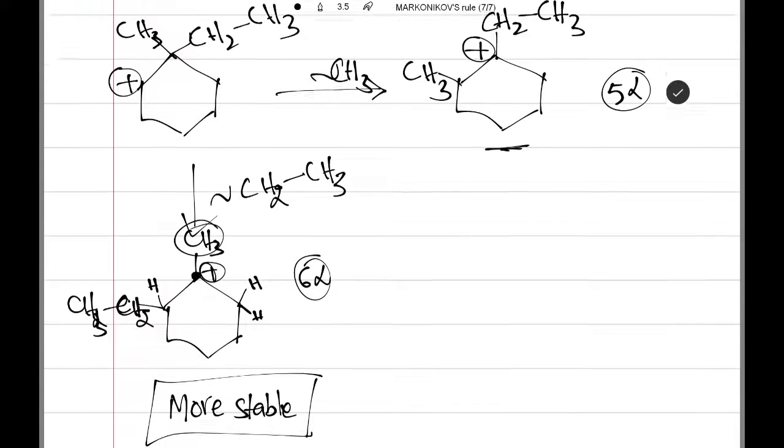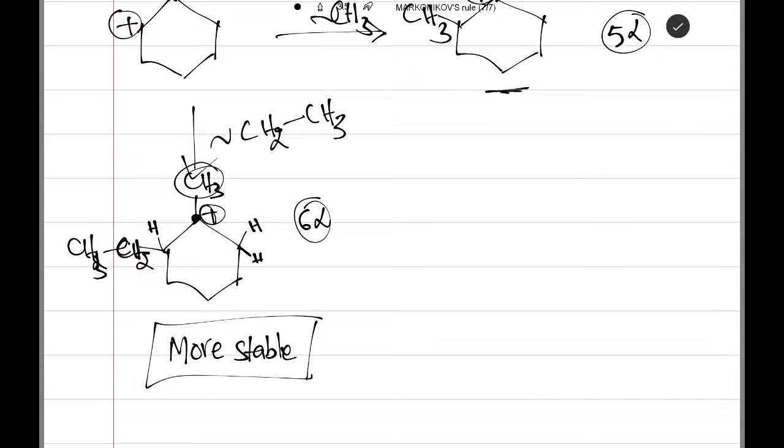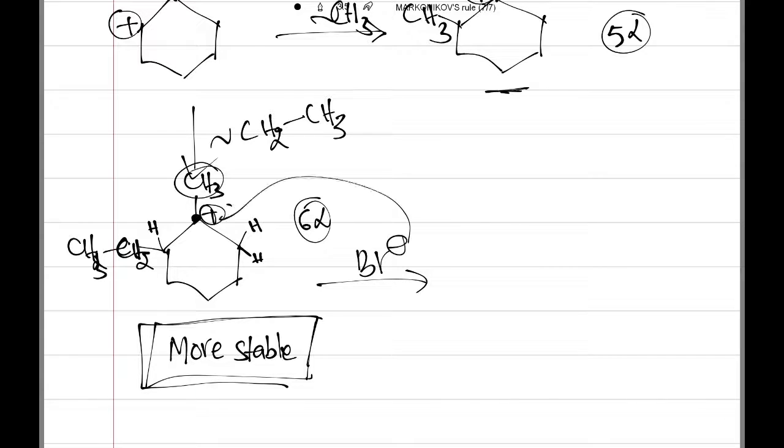So according to hyperconjugation, this is the most stable intermediate. That means our reaction proceeds through this intermediate. Bromine attacks this carbon, and the product is CH3, the bromine, and CH3 CH2.